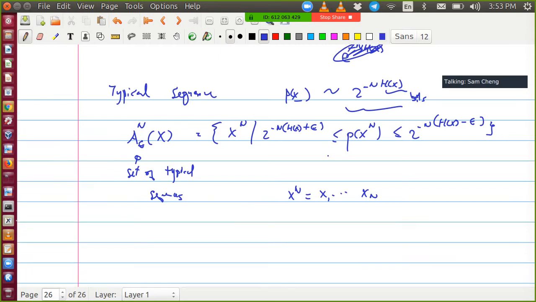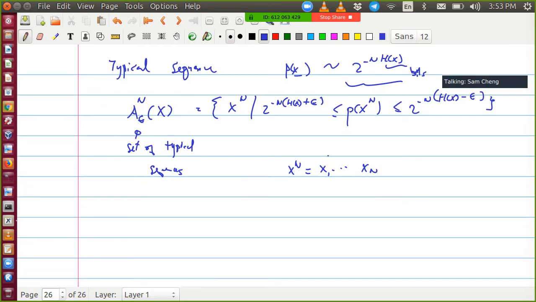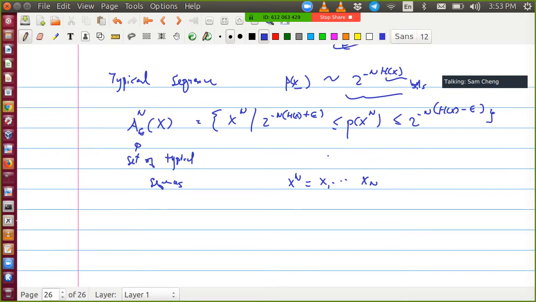So the basic argument here is similar to calculus, this kind of epsilon and delta, n arguments.